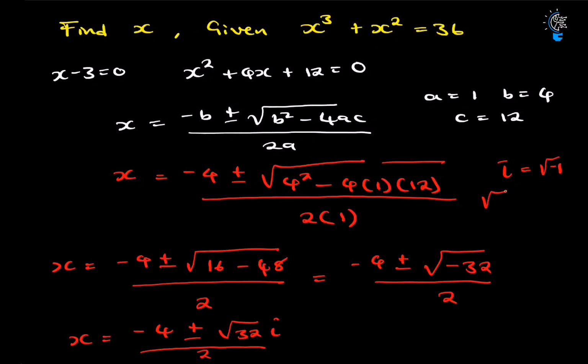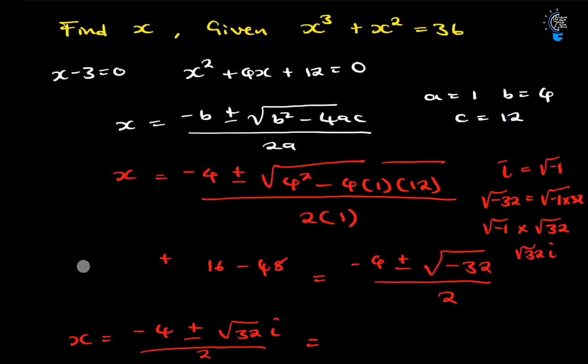So if you have the root of negative 32, we can write it as the root of negative 1 times 32, which will give us the root of negative 1 times the root of 32. And we're going to end up with the root of 32i. Then from this step now we can find the root of 32. Let's do it.